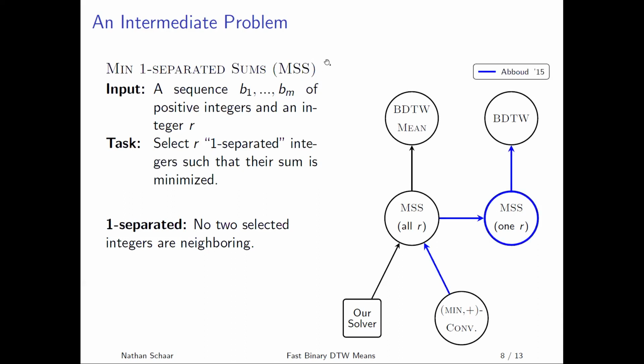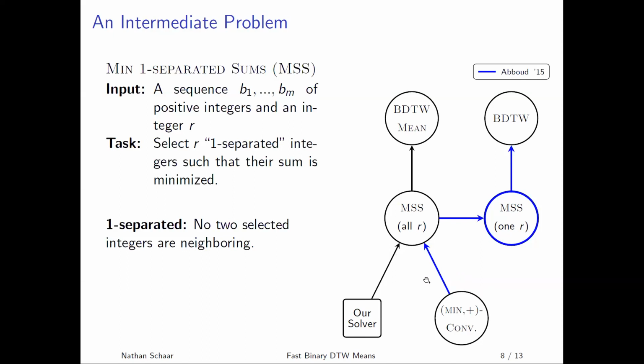So for this problem, Abboud et al. showed that if we can compute it for one r, then we can also compute the binary dynamic time warping distance. And in their proof, they actually computed for all r using this complicated problem at the bottom.